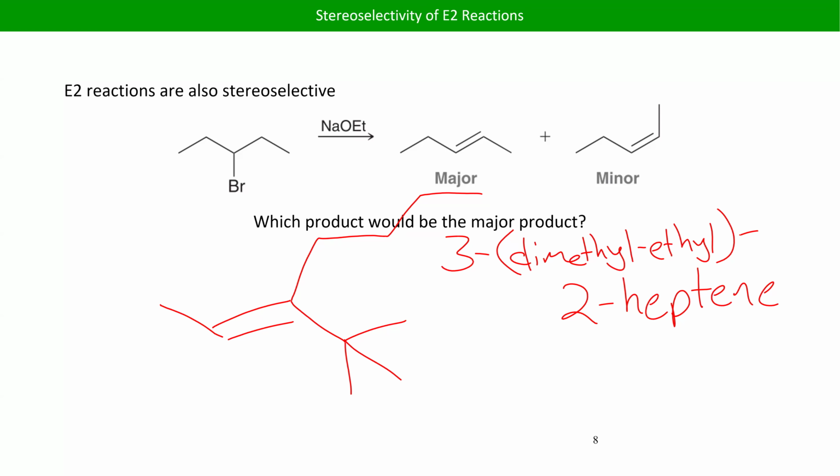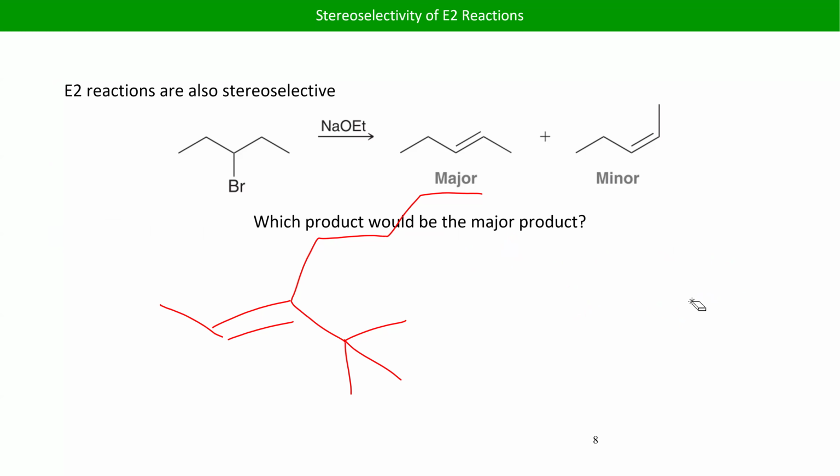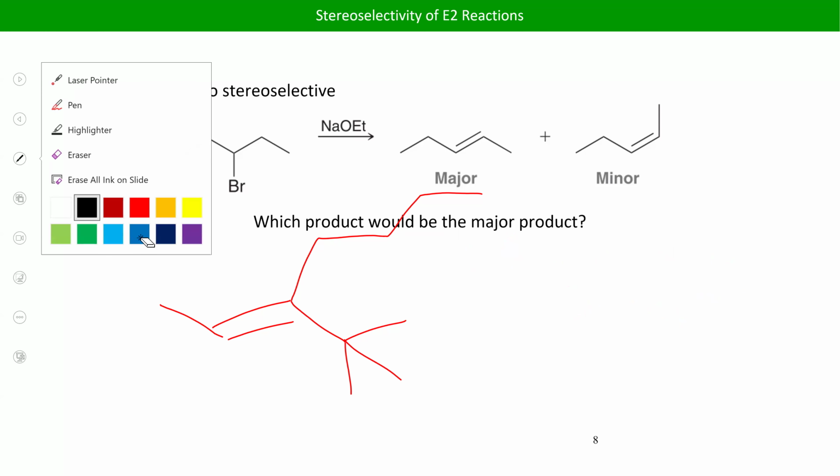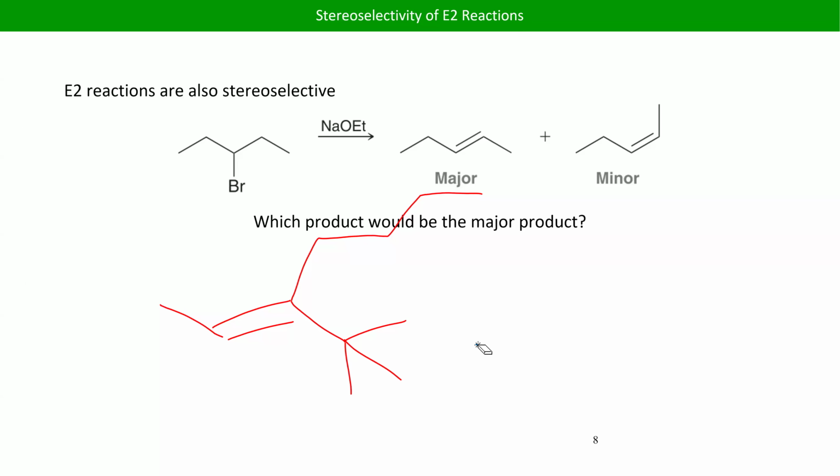So if we're deciding which of these is more stable, either this version or with the methyl flipped the other way, I'm going to draw it. 1, 2, 5, 6, 7.